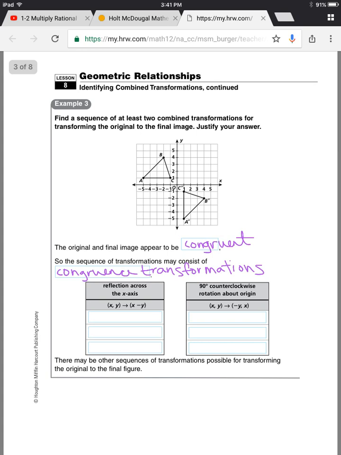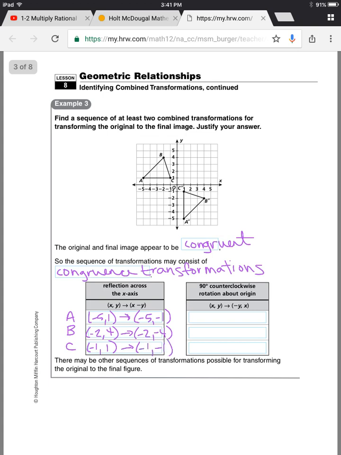Okay? So, in our original ABC, our coordinate points are negative 5, 1, B is negative 2, 4, and C is negative 1, 1. Okay? Now, when we multiply by negative 1 for our y, we get negative 5, negative 1, negative 2, negative 4, and negative 1, negative 1.